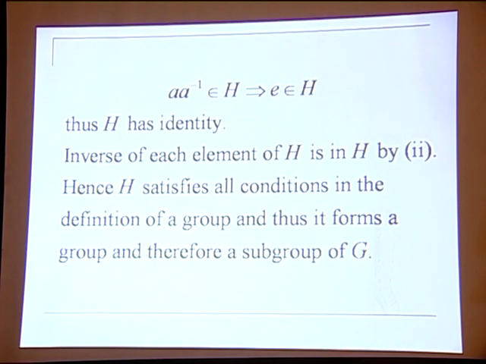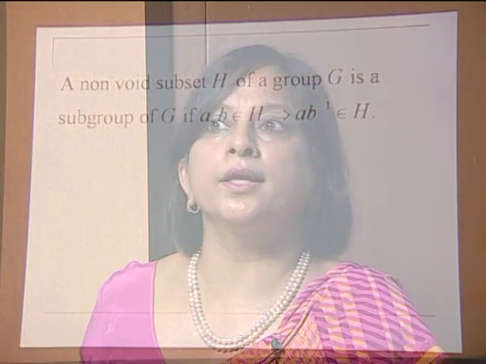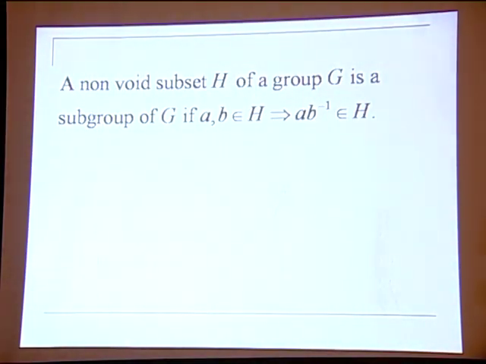A subset is a subgroup of G if it is a group, as we defined earlier. Now, taking another theorem: a non-void subset H of a group G is a subgroup of G if a, b belongs to H implies ab inverse belongs to H. What is a non-void subset?